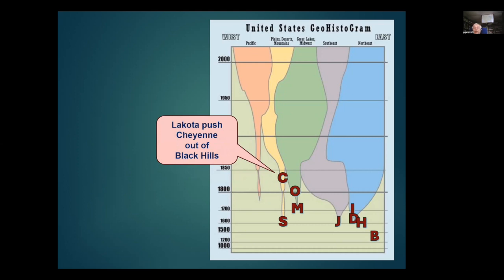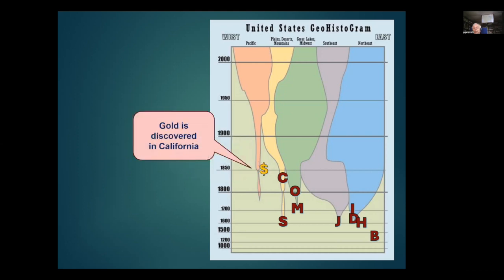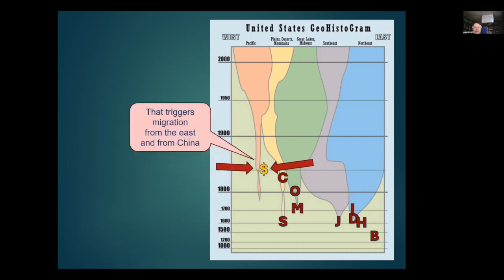The Lakota then went and pushed the Cheyenne out of the Black Hills a little bit later and a little bit farther west. If you want to put these things into a historic context, this is happening just about the time that gold was discovered in California, and that triggered a migration from two directions.